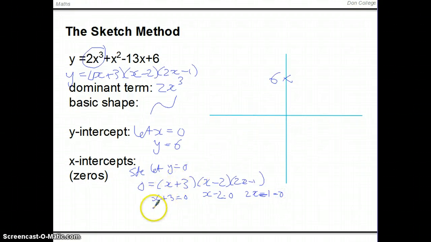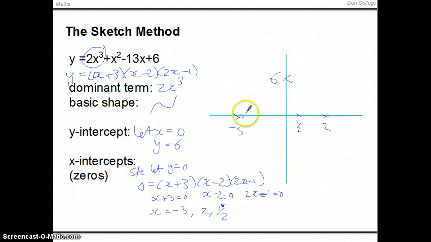So that's going to give us zeros of, well, x is going to equal -3, 2, or a half. So we'll have -3 here, a half here, and 2 there. And it's going to have that shape there, so it's going to go up, down, and right.